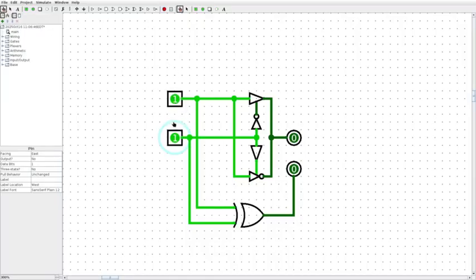It doesn't really matter which input you think of as being the one that decides and which one is being inverted. If we say that this top input is the one that decides whether or not to invert the bottom input, then that works. And vice versa, if we say that the bottom input is the one that decides, then the top input is the one that's being inverted.